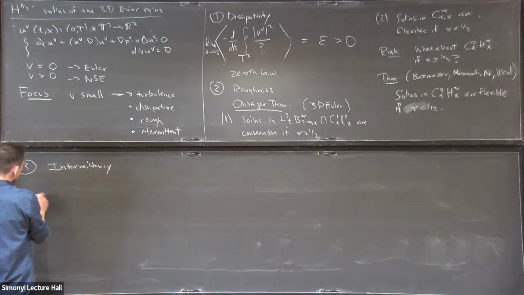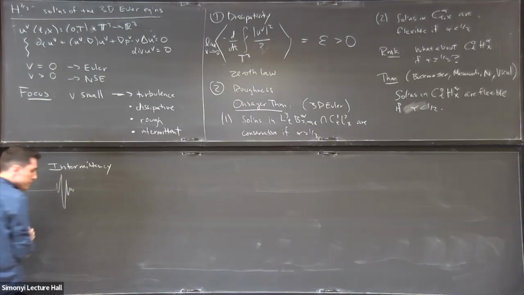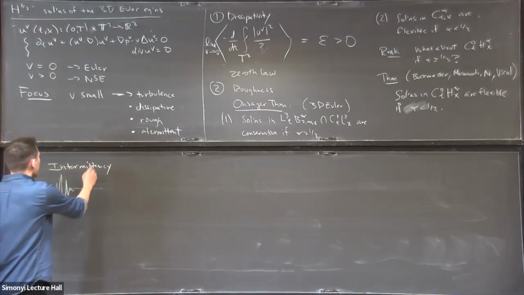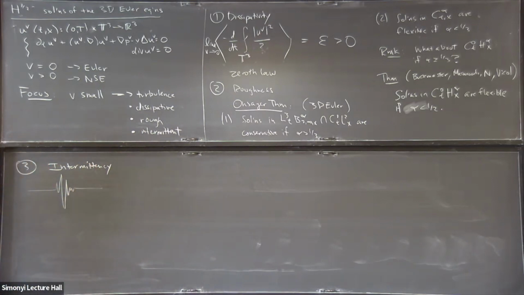So you can imagine some signal which is constant for a while, then undergoes some severe deviations from the median, and then is constant again.